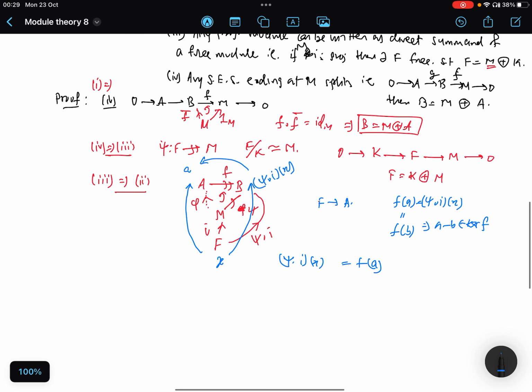So what we have: A to B to 0 is an exact sequence.